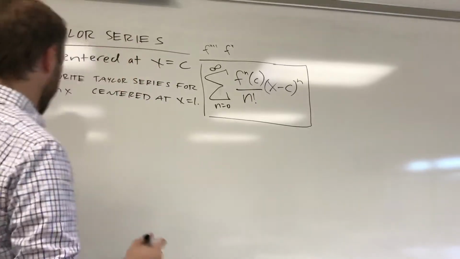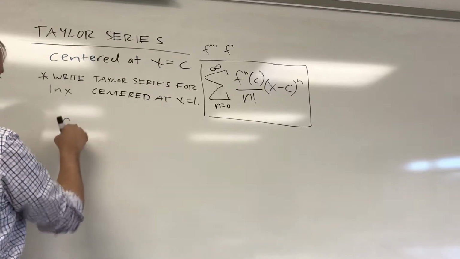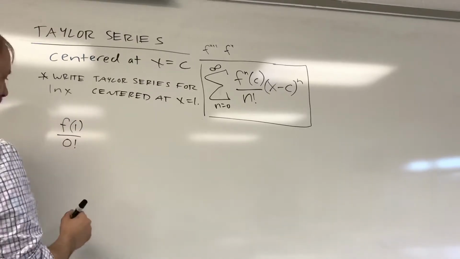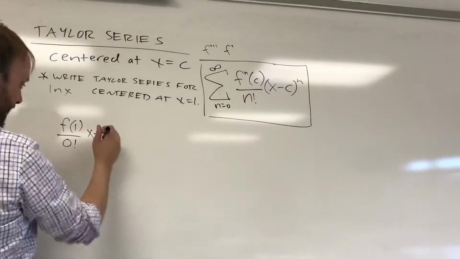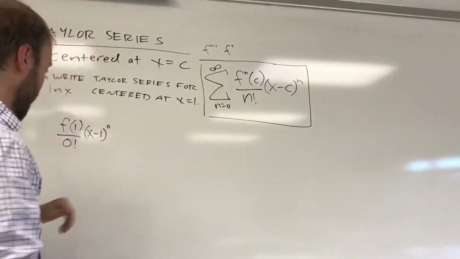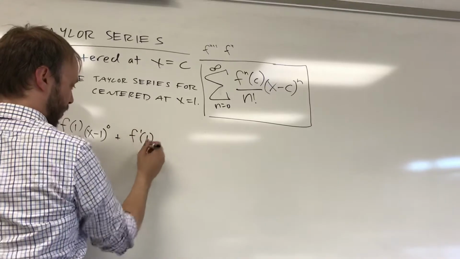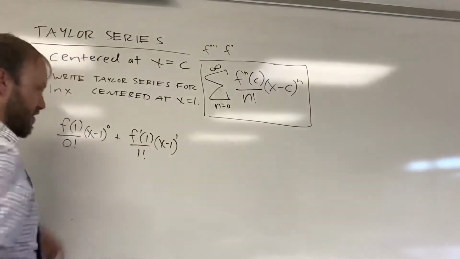So I want the 0th derivative, which is just the functional value at 1 divided by 0 factorial, and then I'm going to have that times x minus 1 to the 0 power, which of course is just going to end up being 1. It's going to end up going away, okay? And then I'm going to have the first derivative centered at 1 over 1 factorial times x minus 1 to the first power.